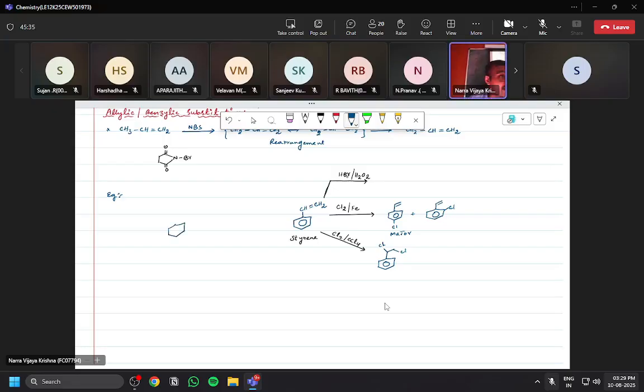First Br radical will attack. Then I will get CH2Br, and I will get a radical here. Right? Then is there any possibility for shifting this? Possible or not? Is there any possibility for this also?